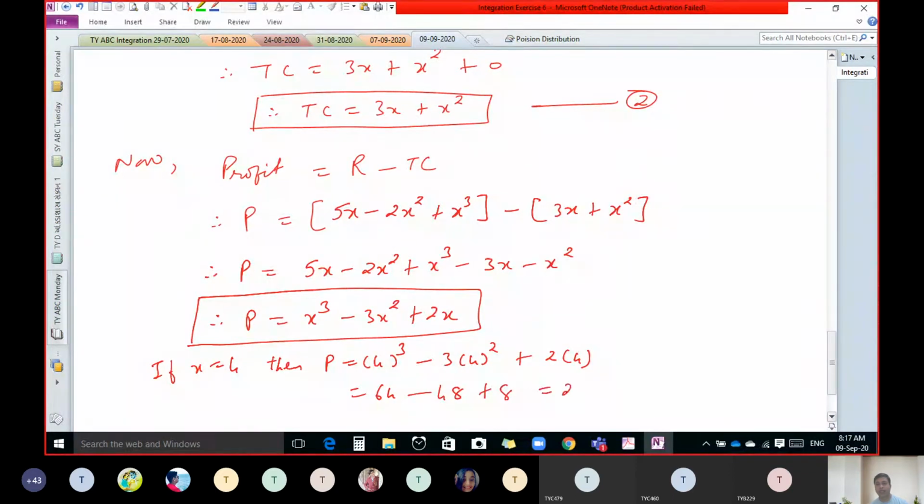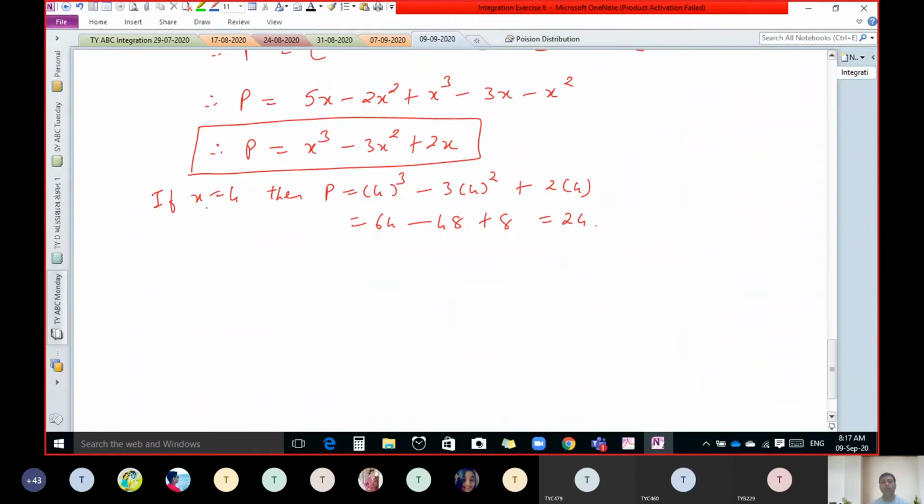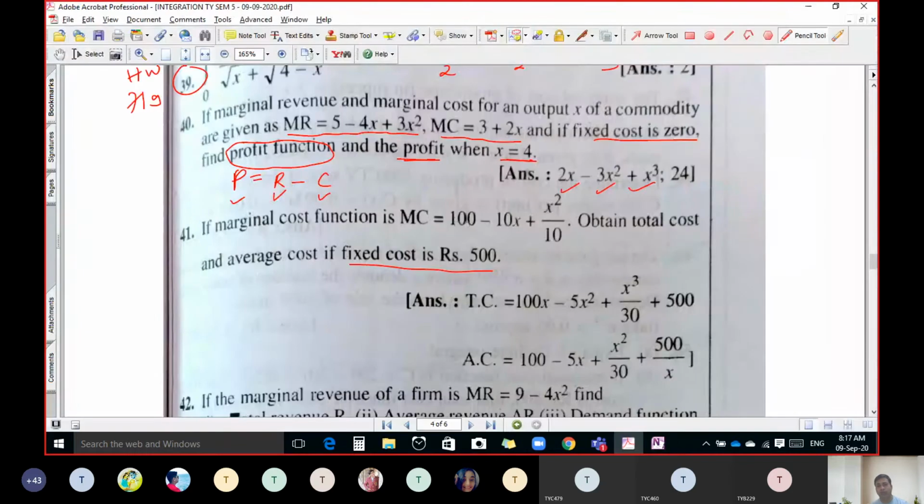So do the calculation, you will get 24. So 24 is the profit when x is 4. Means if we produce and sell 4 units, then we get a profit of 24 rupees. So that is the way to find out the answer for this type of question.